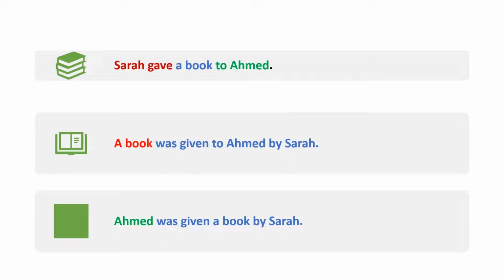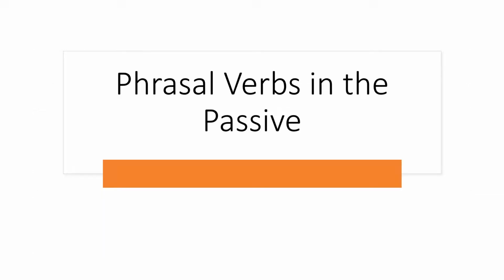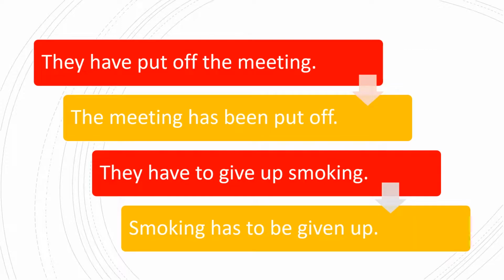Now we move to another type of verbs. They are called phrasal verbs. So we are going to see phrasal verbs in the passive. So simply it's the same as other verbs. They have put off the meeting. The meeting has been put off. Why?